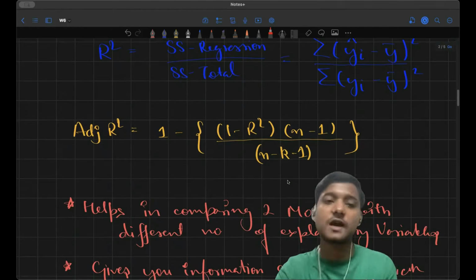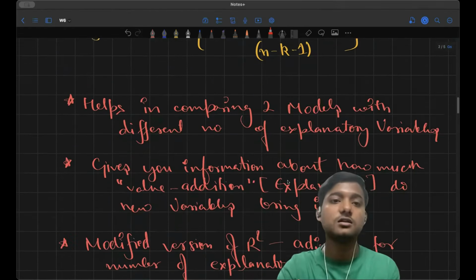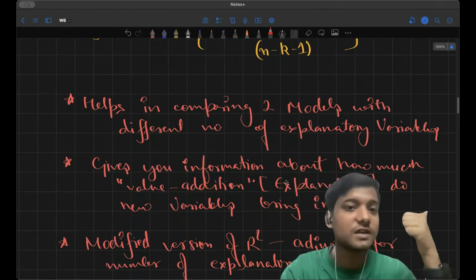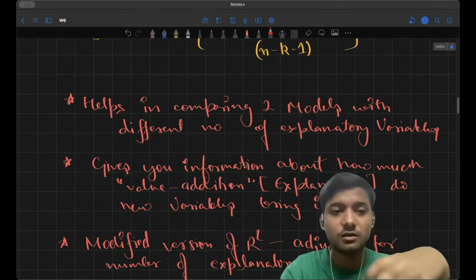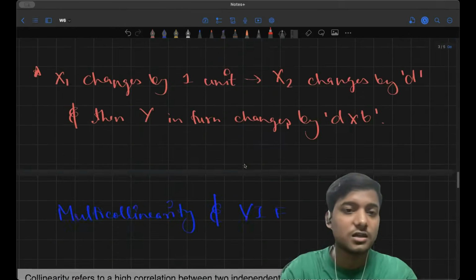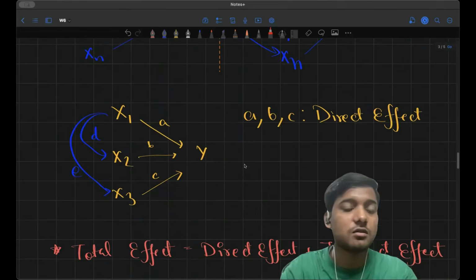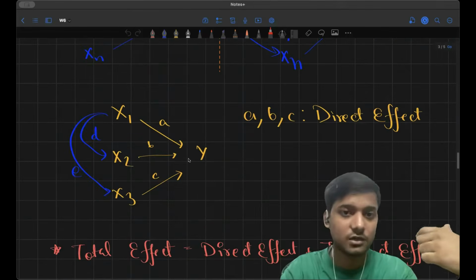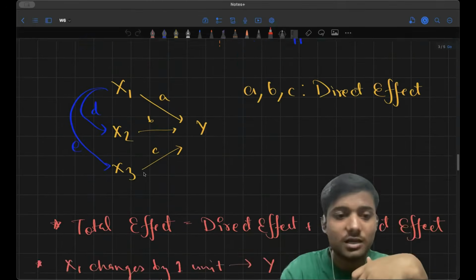So variance inflation factor, adjusted R square, standard error in the estimation of any parameter, because these are quite common questions, and they always check theoretical understanding of adjusted R square. So please go through these points, and also be cautious of this: total effect, direct effect, and indirect effect, right? So remember the path diagram.